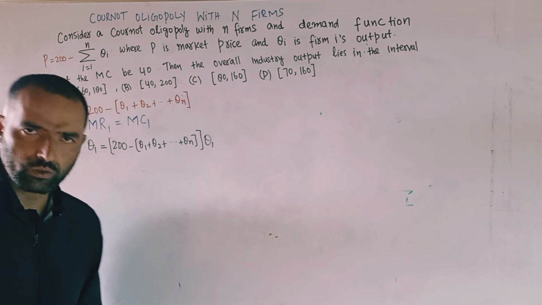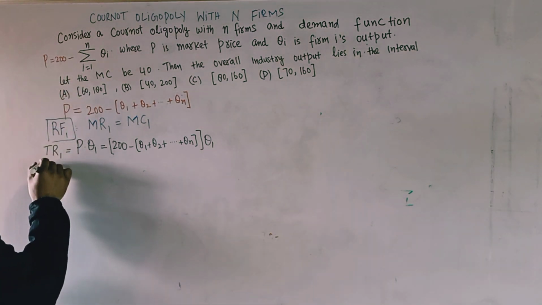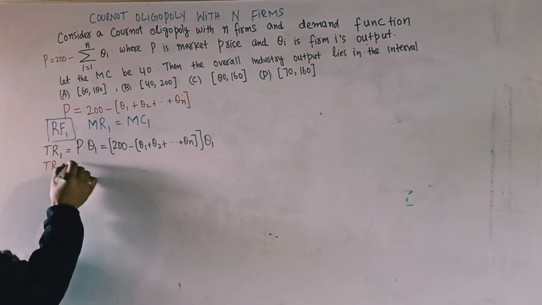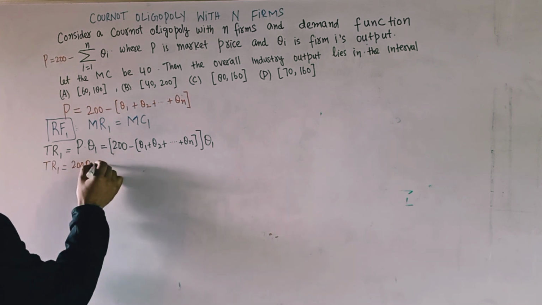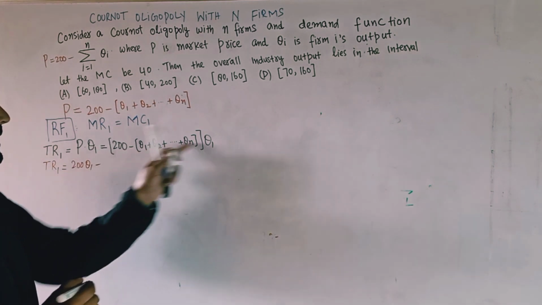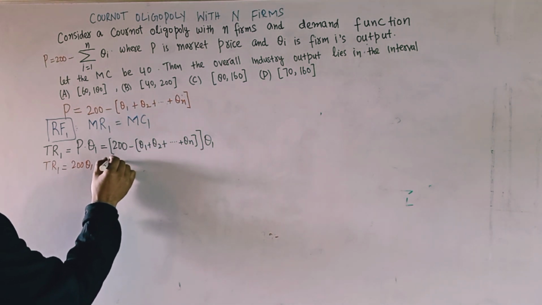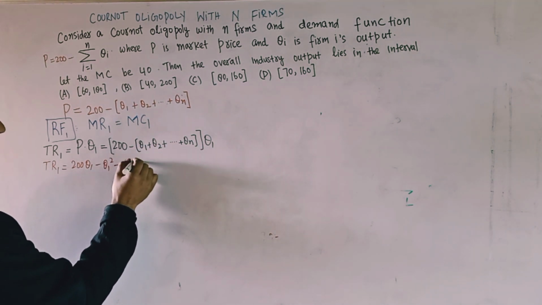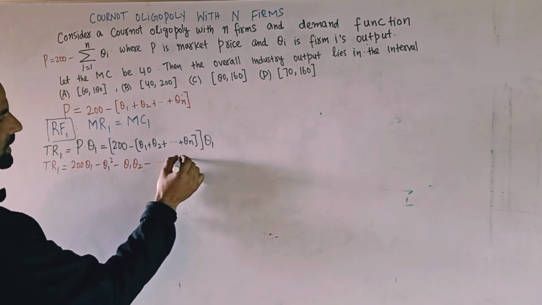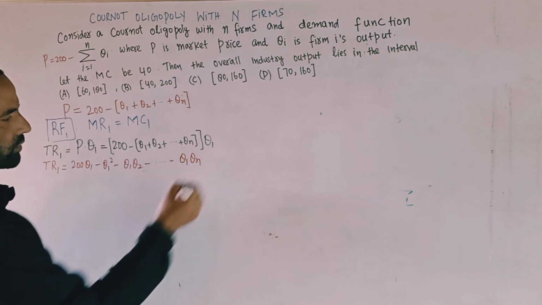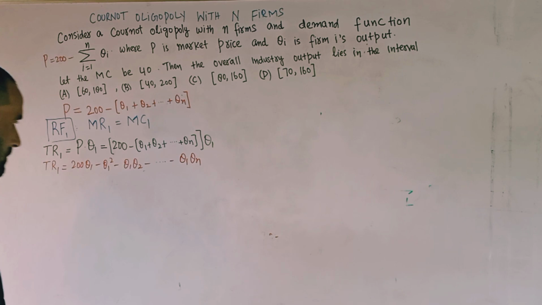So total revenue of firm 1 will be 200 Q1, then minus Q1 into Q1, which is Q1 squared, then minus Q1 Q2, then so on up to minus Q1 Qn. This is the total revenue function of firm 1.